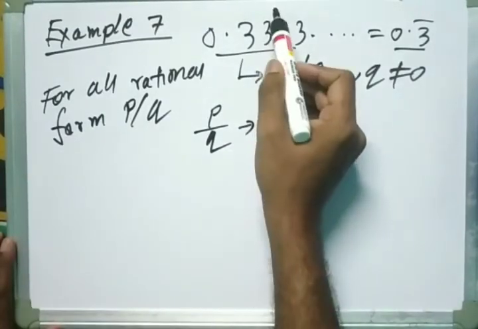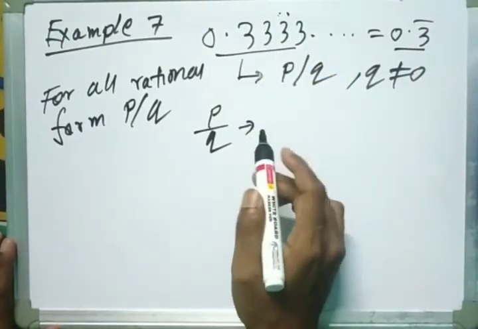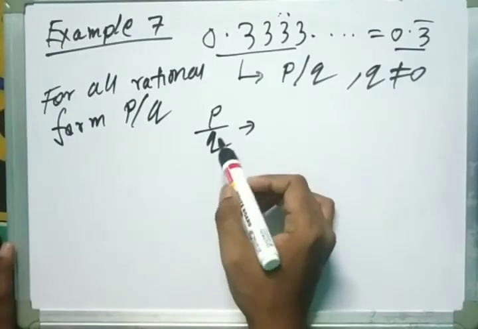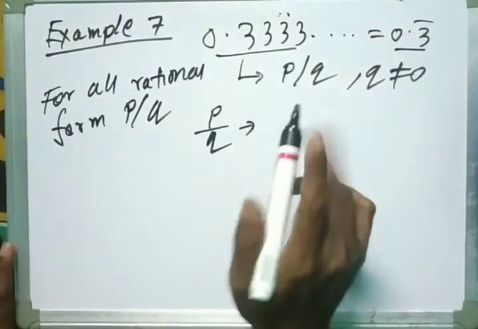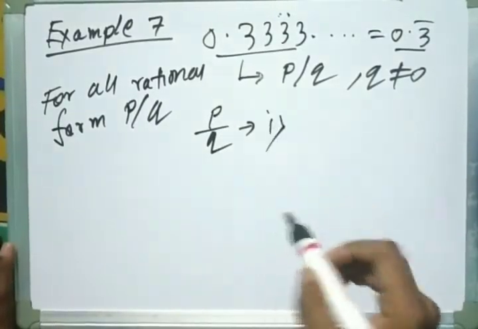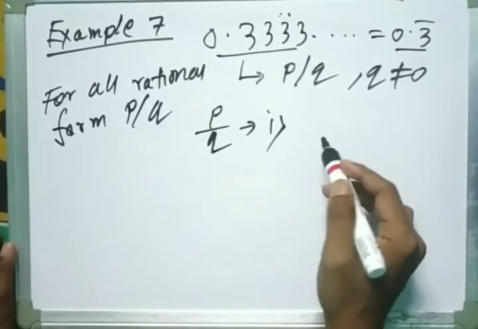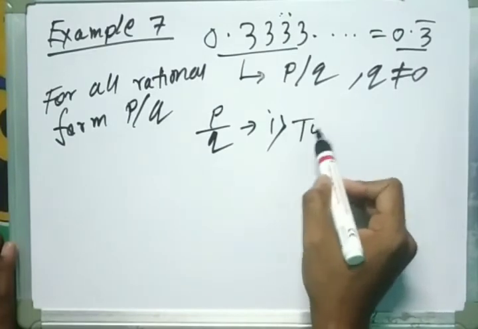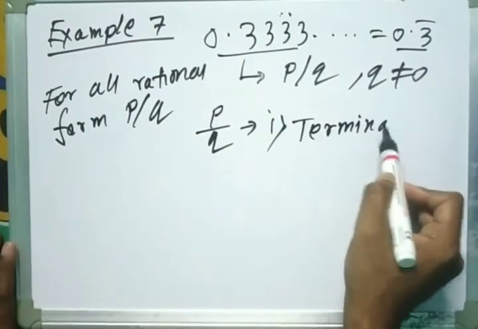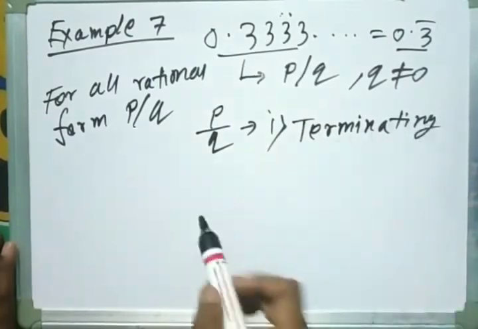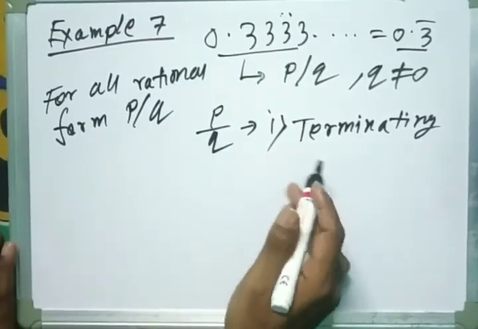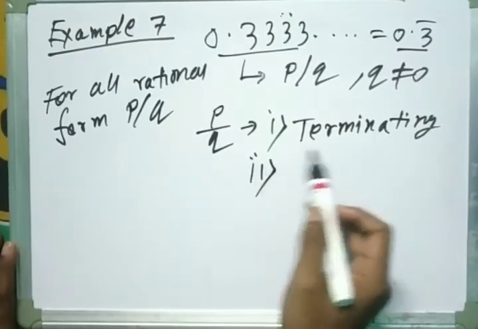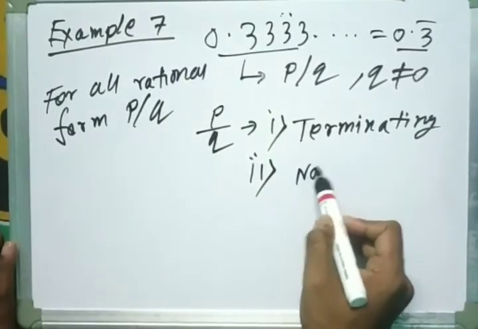So before solving this question, I am providing you a concept. If we divide p by q, we'll get two results. The first is that the result may be terminating, or non-terminating.